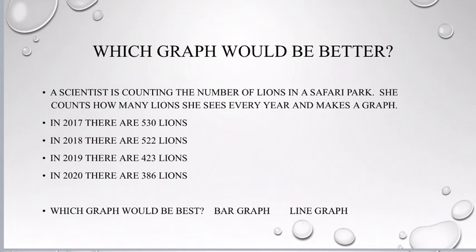In 2019, there were 423. And in 2020, there were 386 lions. So for this data, what graph would be best? A bar graph or a line graph, do you think? Have a think.